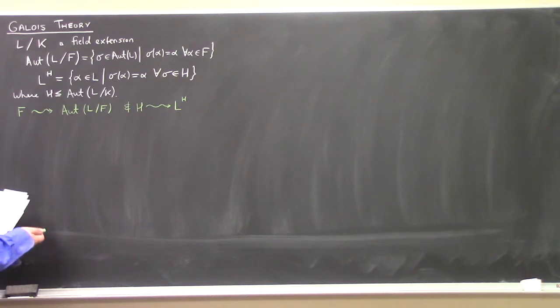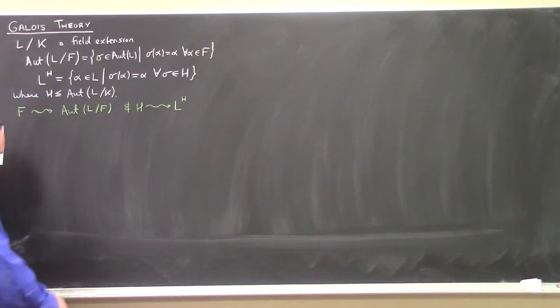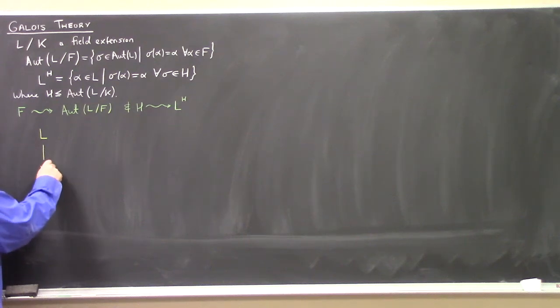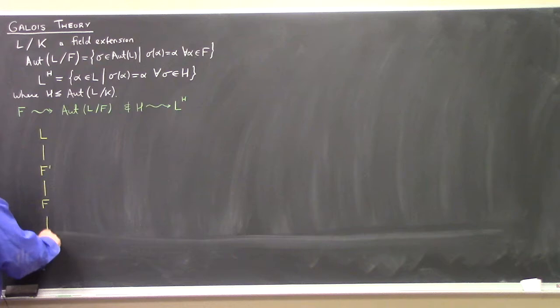Well, anyway, let me write the table here, the picture here. And so we have L, and then F prime, F, and then K down here.